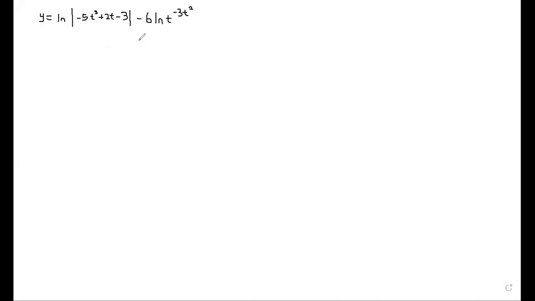Now before we differentiate, let's just simplify this here, because as you know, the log base 2 of x cubed, you can always take the exponent in front, and this will become 3 log base 2 of x.